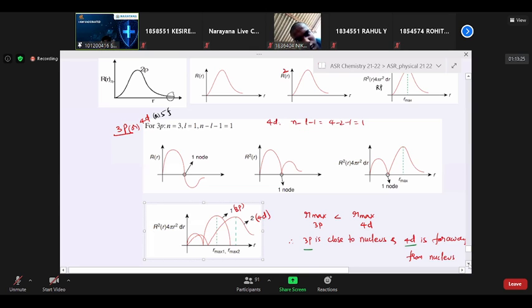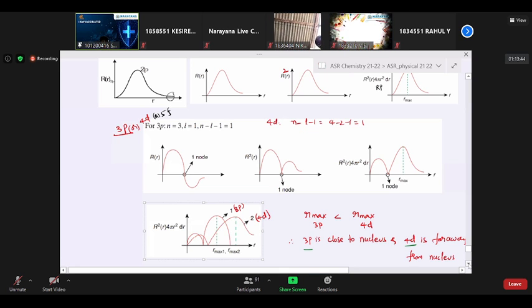So Rmax is always more for 4d because the fourth orbit is relatively far away from the nucleus. That's the meaning. 3p is lying close to the nucleus, and 4d is lying far away from the nucleus.